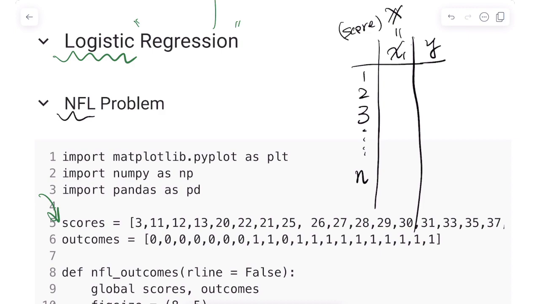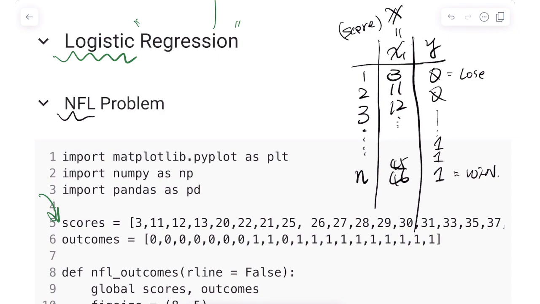So we use 0 for loss, and some games you win, so that is win. And here are some scores of the games.